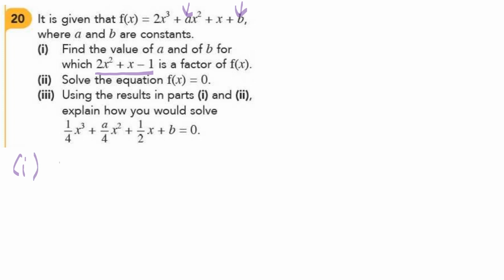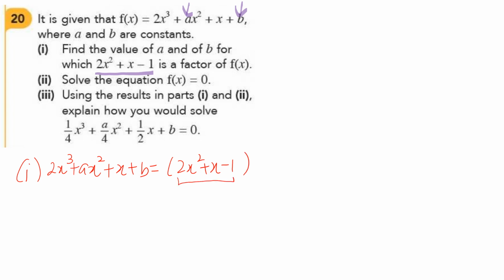That means we have to write our 2x cubed plus ax squared, use a thinner one, equals our factor, which is 2x squared plus x minus 1. Now, this is a quadratic polynomial.